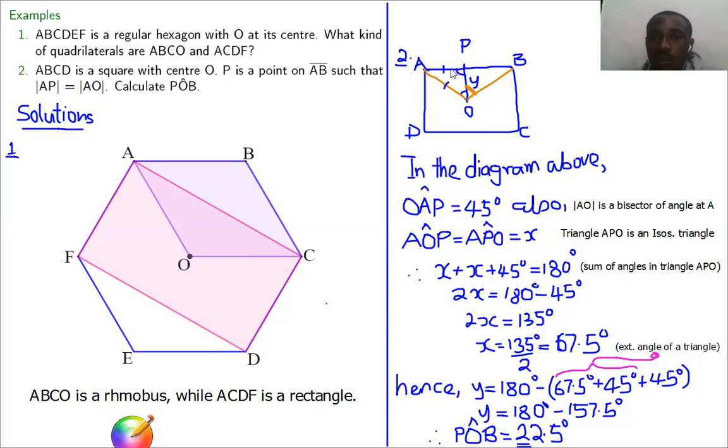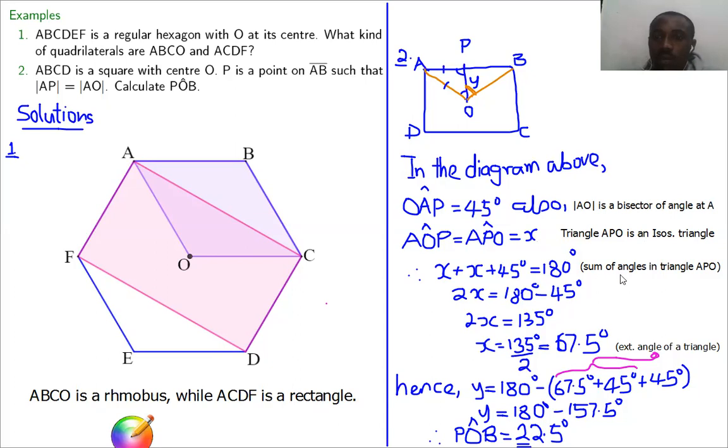So this angle AOP is equal to this angle APO, and I represent those angles as x. So why are they equal? Because triangle APO is an isosceles triangle, and those are the base angles of the isosceles triangle. Is that taken? And therefore, x plus x plus 45 degrees is equal to 180 degrees.